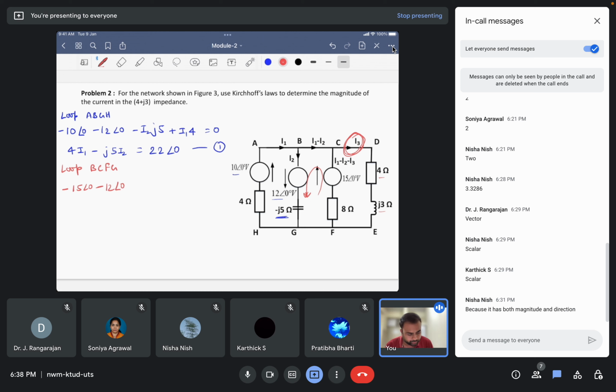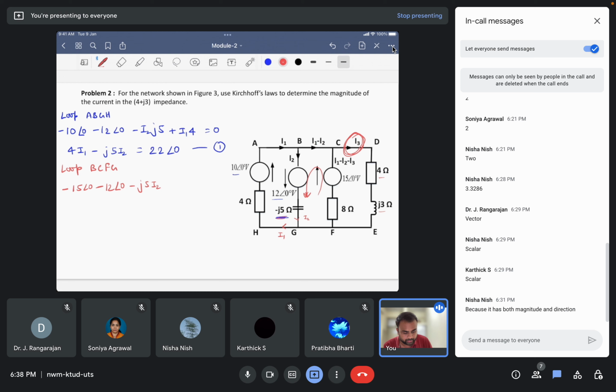So all the sources have angle 0, but the capacitive component is here, so the calculation will be in complex form, no problem. Minus the current through the capacitor, minus J5 into I2, and the current through the 8 ohm resistor. I2 current here is I2, and the current distributes here into I1.